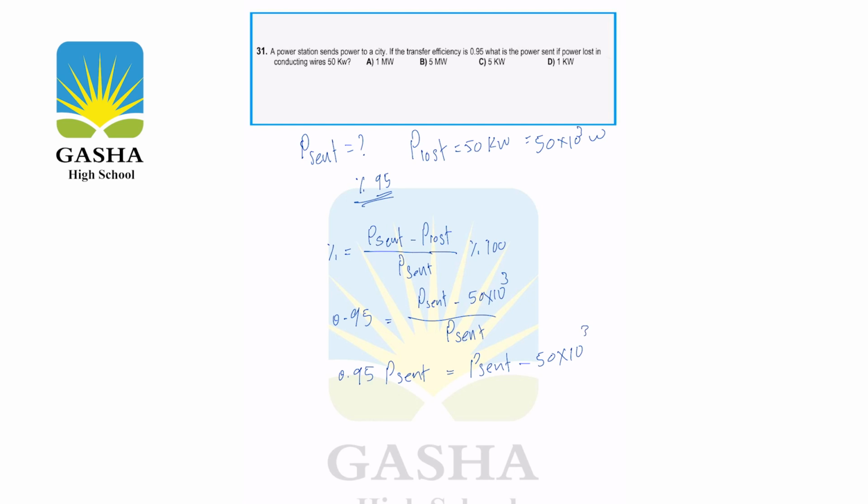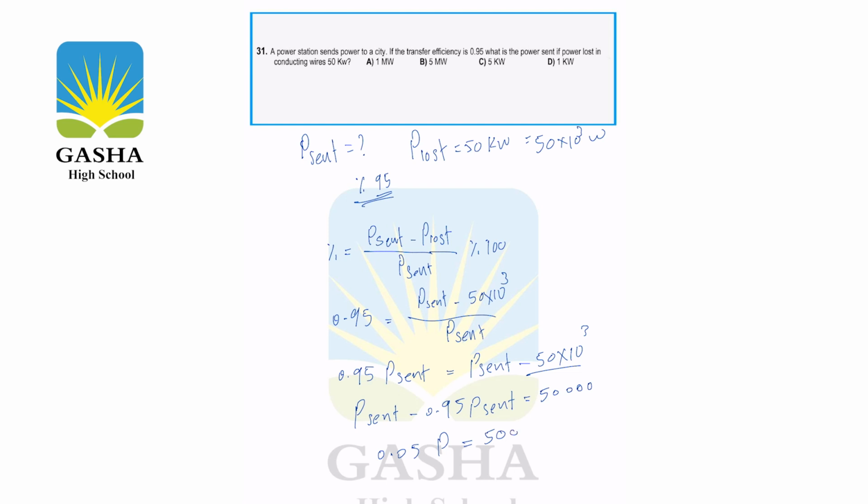And we have to rewrite the equation a little bit. That's power sent minus 0.95 power sent, and we will make this to the other side, I mean this one, which is 50,000 or 50 times 10 to power 3. And that will be equal to 0.05 power sent.